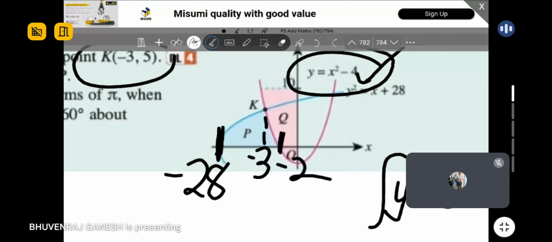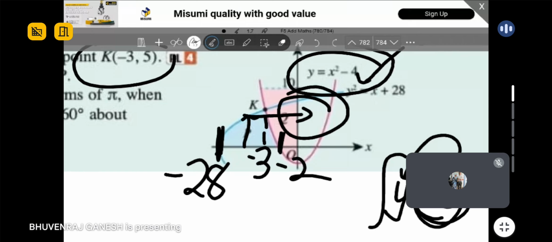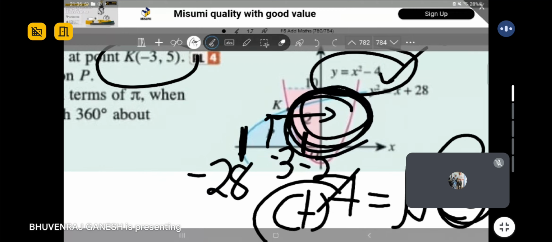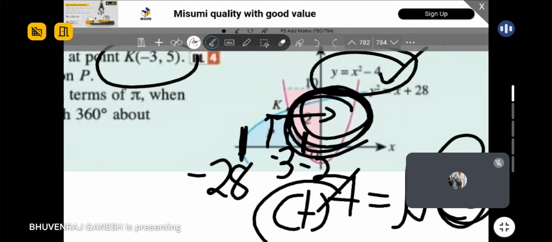Means that we are using the limit on the x-axis to substitute inside the y equation. Am I right? Kita gantikan nilai atas paksi x masuk dalam persamaan y. So maksudnya, check and see, guys. X value, you go to your y. Can you see this, guys? Y is a positive value. So if y is positive, means that area is positive. Can you understand now, guys? This is the concept. So if you see the solution, right?